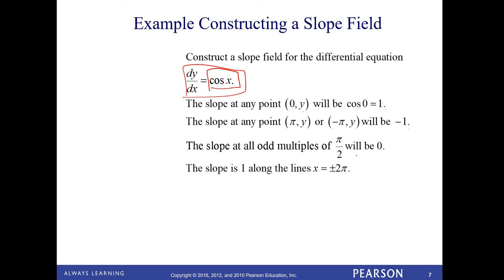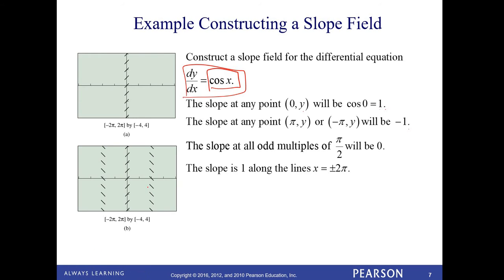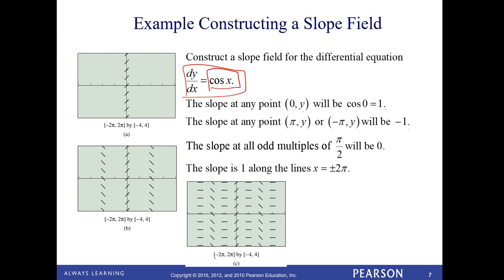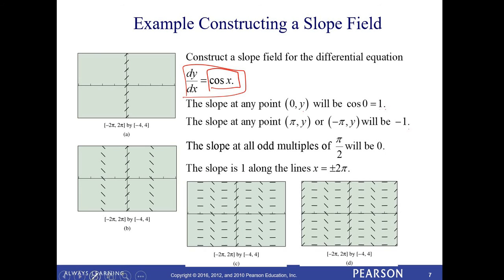All odd multiples of pi over 2 will be 0, and the slope is 1 along any line where x is plus or minus 2 pi. So we've got a lot of choices here, but lots of things that just depend on x. So we're going to write these in one at a time, putting in pi, negative pi, plugging in when we have pi over 2 or negative pi over 2, and finally going out to 2 pi.